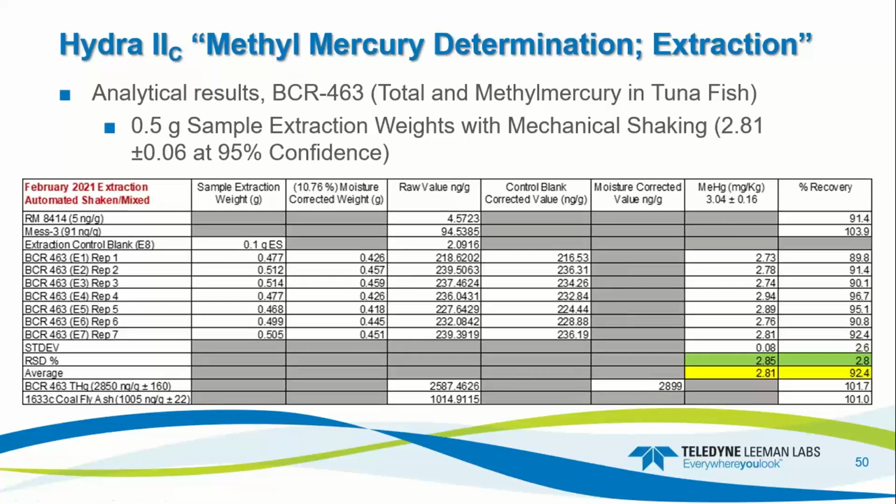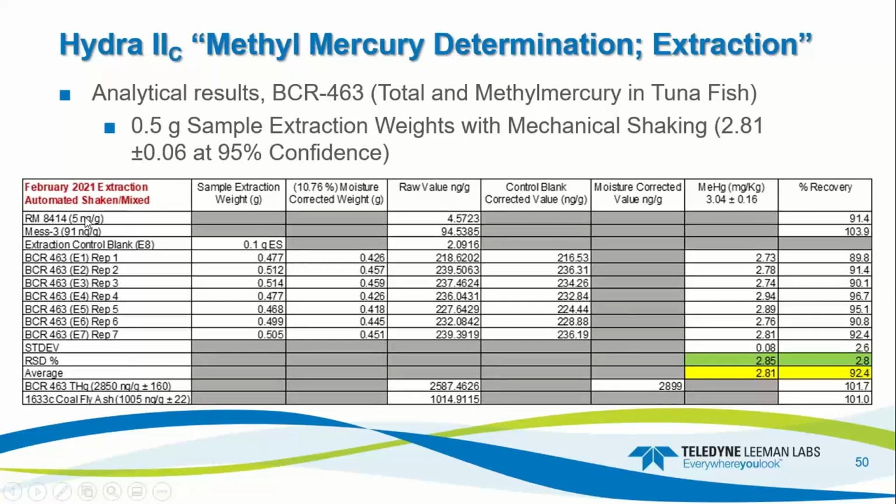Earlier, I showed that marine sediment that was 70% recovery or so, which I equated to a catalyst that was failing. Here I have the same marine sediment, and my return value is 104% on a completely validated system. This is bovine muscle, and that value is at 91%.